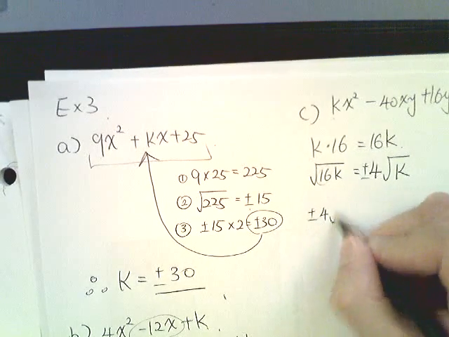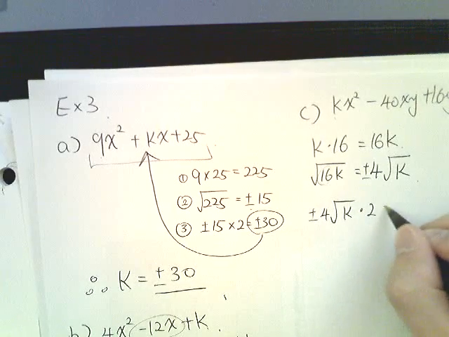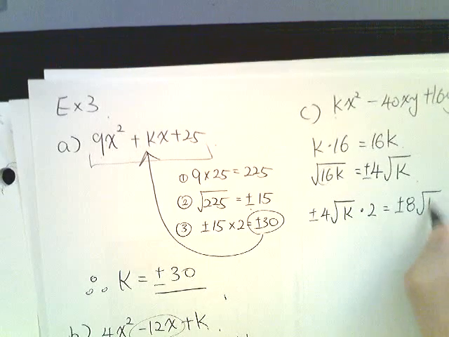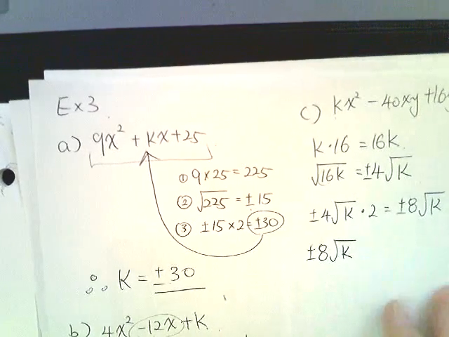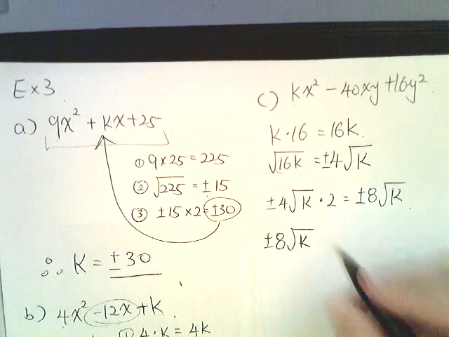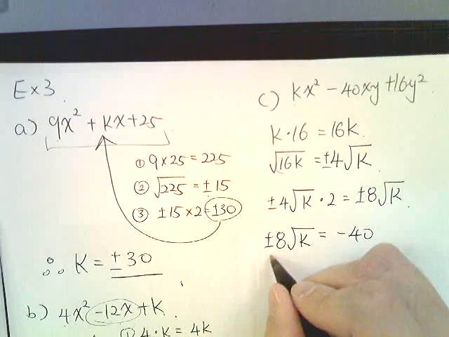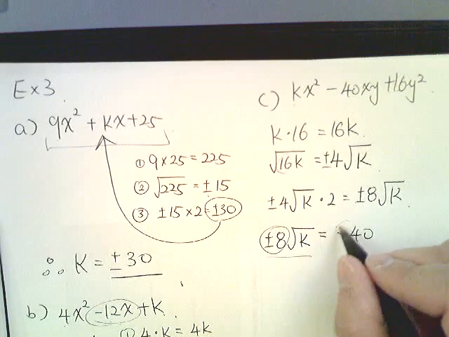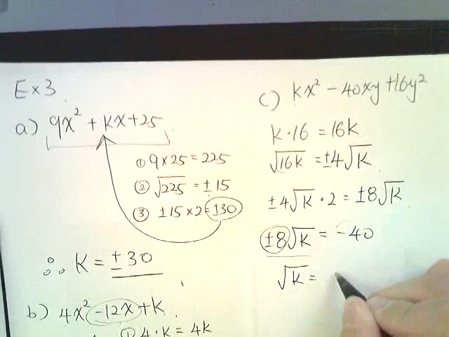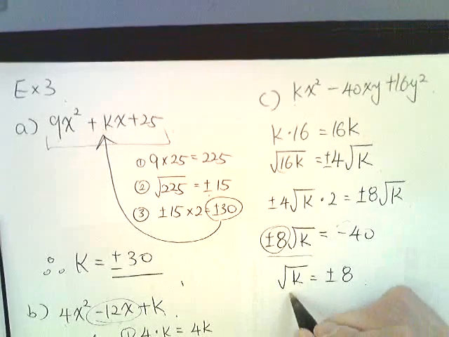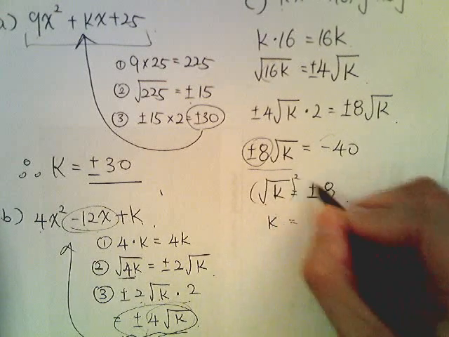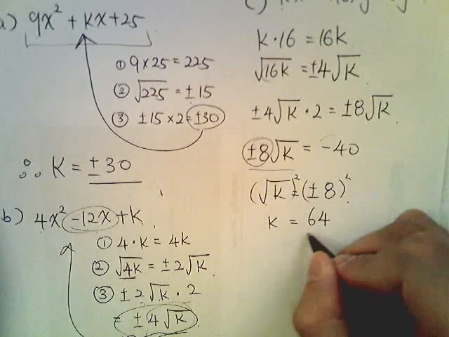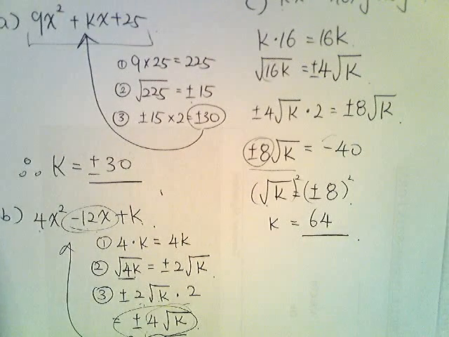Then plus minus 4 square root of k times 2 gives me plus minus 8 square root of k. Then this plus minus 8 square root of k has to be negative 40. So divide everything by that number. So then square root of k will be plus minus 5. To get rid of that square root sign, we simply square the whole thing. So k will be 64.